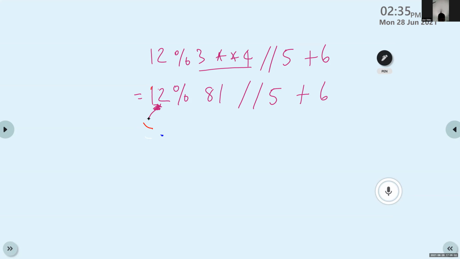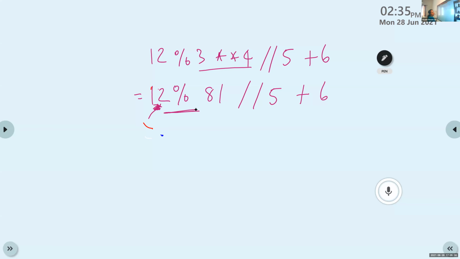Floor division? Why? Modulo and floor division have the same precedence, so we use the left to right rule. It will treat the modulo operator first. So the modulo operator: 12 modulo 81.